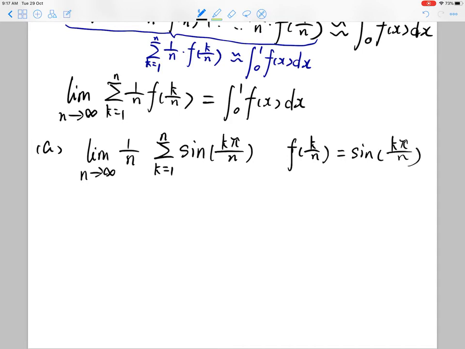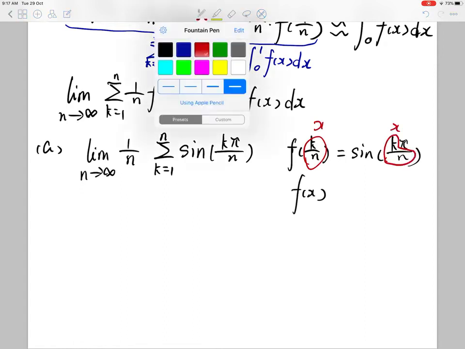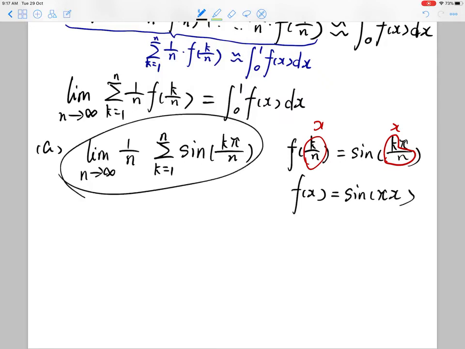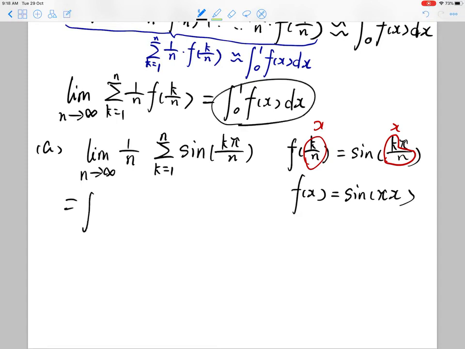then what is your f(x)? Let's say you call this part x. So your f(x) is sine(pi x). Then this limit of summation equals this integration from 0 to 1 of f(x), which is sine(pi x) dx.